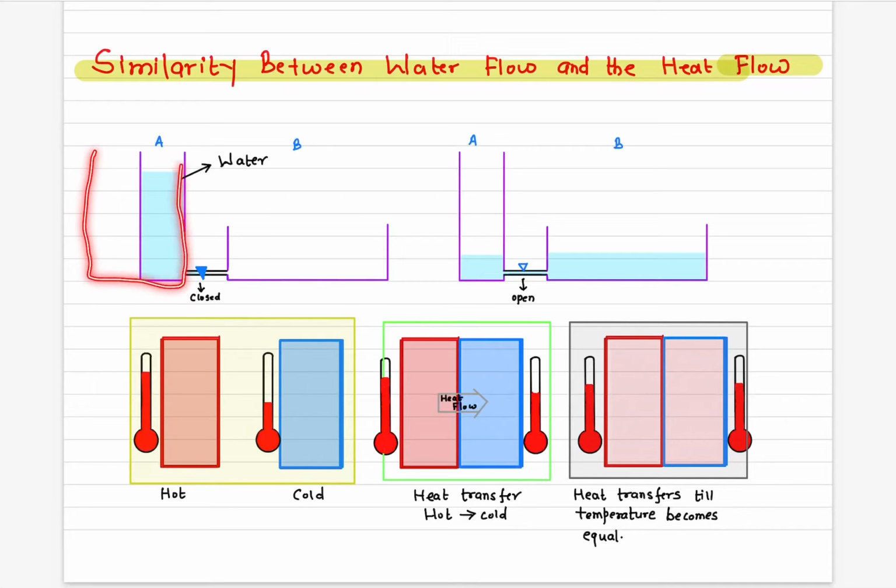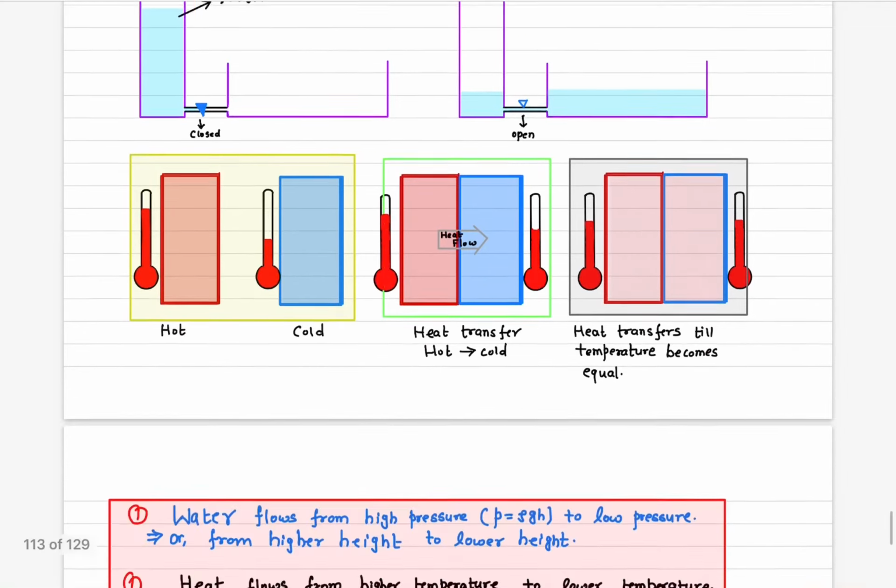If you had a bigger vessel here, but the height is the same, then the water could again flow till the height difference is 0. So it does not depend upon how much volume you have. It only depends upon the height difference between the two vessels. It doesn't depend upon the volume difference.